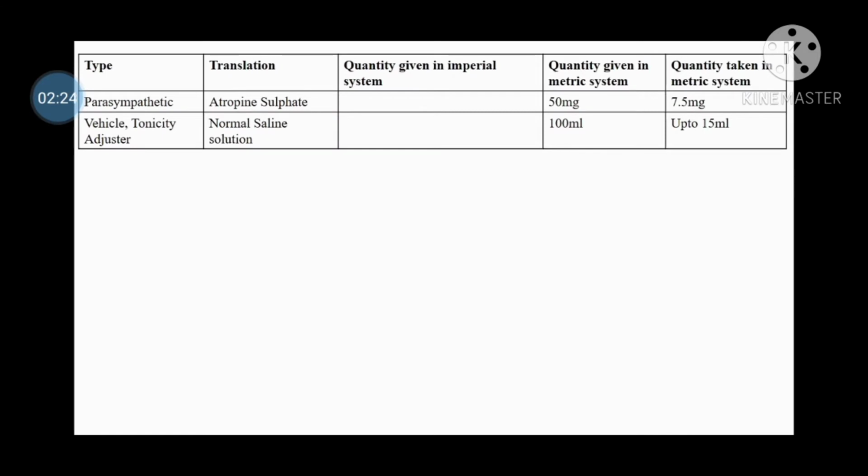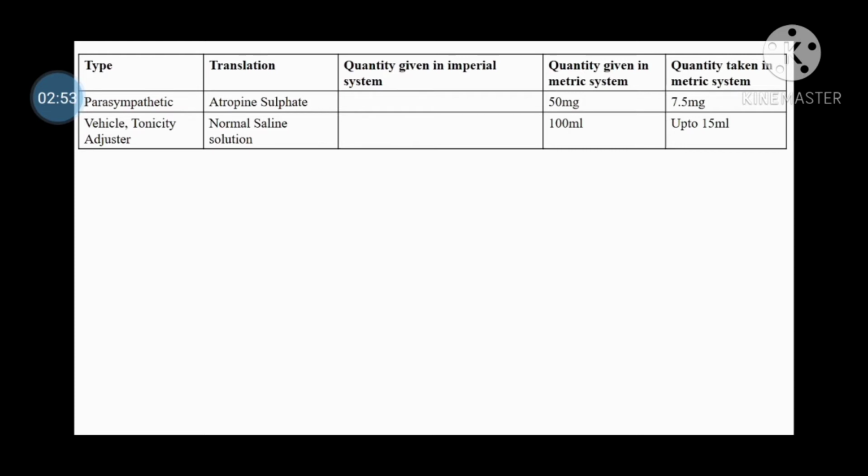The observation table has 5 columns. First, type. Second, translation. Third, quantity given in the empirical system. Fourth, quantity given in the metric system. Then next, quantity taken in the metric system. Here atropine sulfate, which is a parasympathetic drug, for 100 ml of preparation requires 50 mg, and for 15 ml of preparation it will require 7.5 mg.